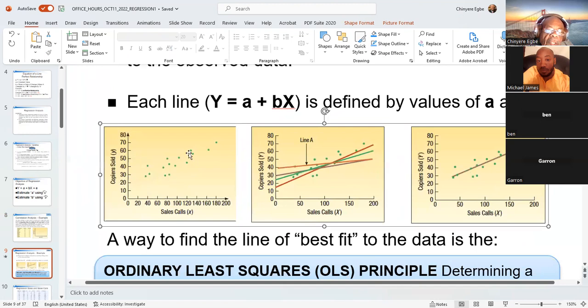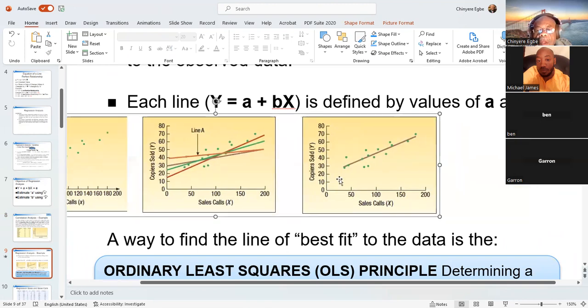As you can see from the diagrams here, the relationship between the dependent variable y and the independent variable x is not perfect. And so our objective is to draw a line perfectly in the middle of the scatter plots. The dots that you have here are called scatter plots, like something that is scattered all over the place. But what you see is that there is a tendency.